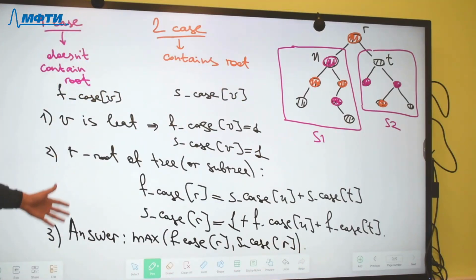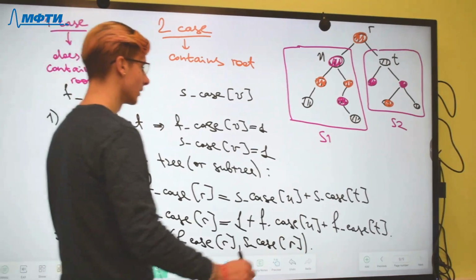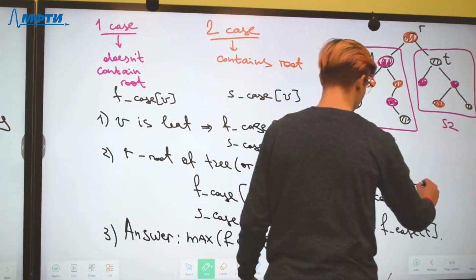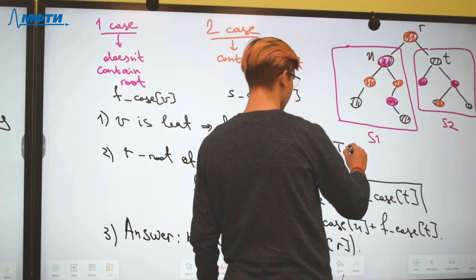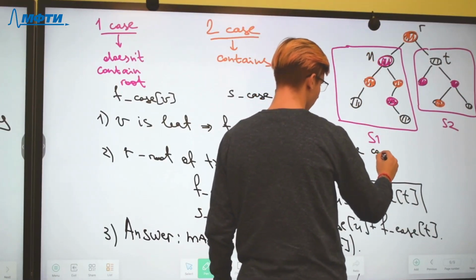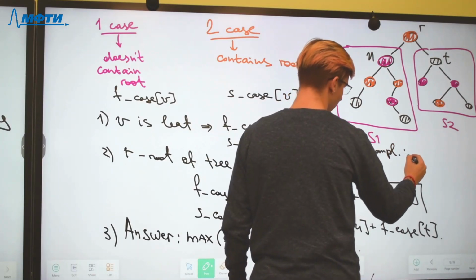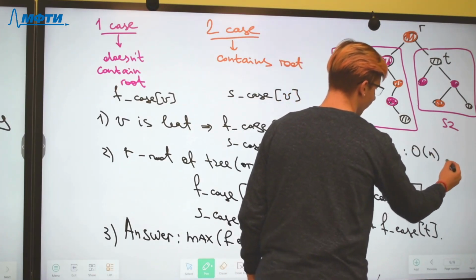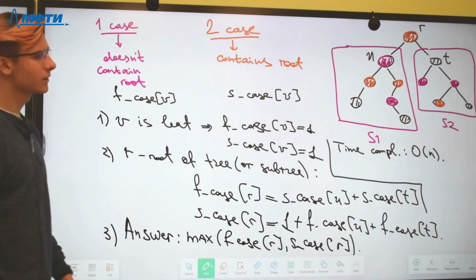And you see that we repeat this for all the vertices, so the time complexity is O of the number of vertices, and the space complexity too.